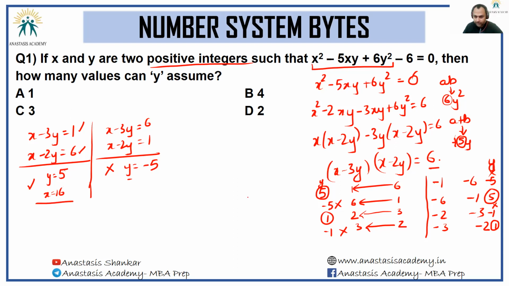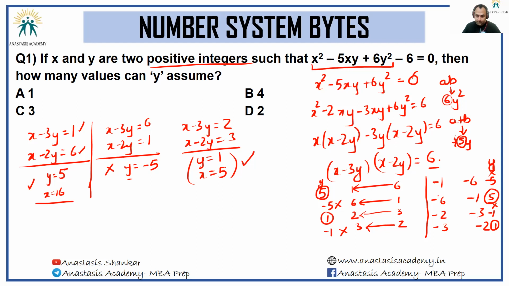So we had already gotten a case. Now checking this: x minus 3y is equal to 2 and x minus 2y is equal to 3. So y is equal to 1, x is equal to 5. Yes, this case works. Another case, when y is equal to 5, yes, it is acceptable.